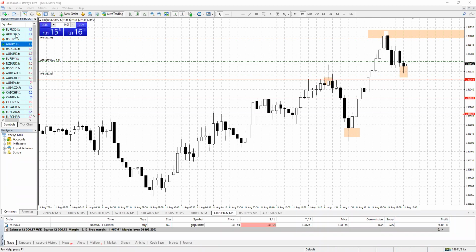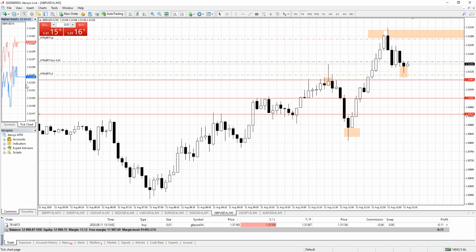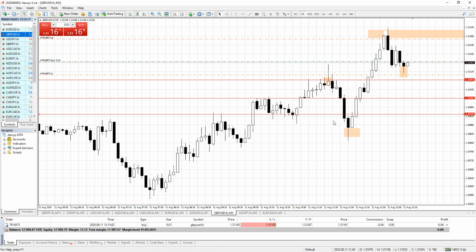We also want to be aware of the spread. On GBP/USD, we have a good spread. Now we're in a waiting game. There's a lot of waiting in trading. There's not a lot to do.